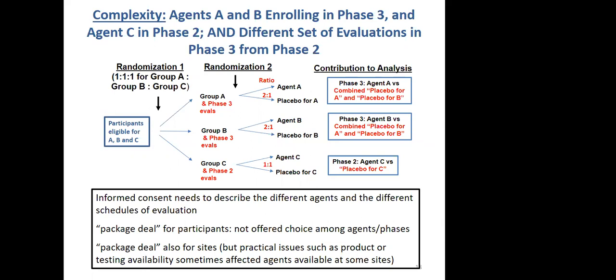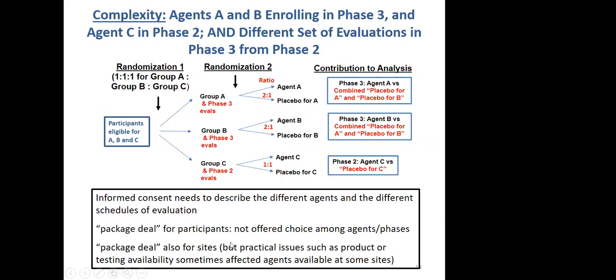So the informed consent process needs to describe not only the different agents, but also the potential different schedules of evaluations that participants might encounter, depending on whether an agent is in phase 2 or phase 3. So I just put a couple of comments at the bottom here.